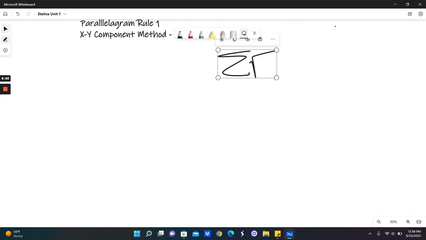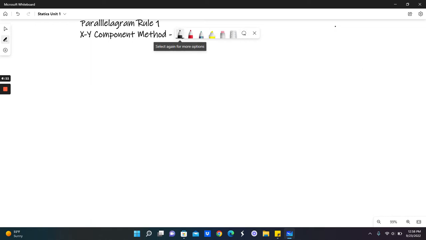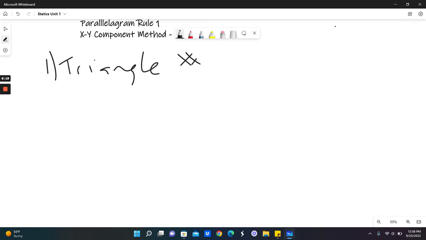So, for our equilibrium triangles, let's start with our first method, triangle method 1. For triangle method number 1, we're going to have 2 component vectors or component forces.